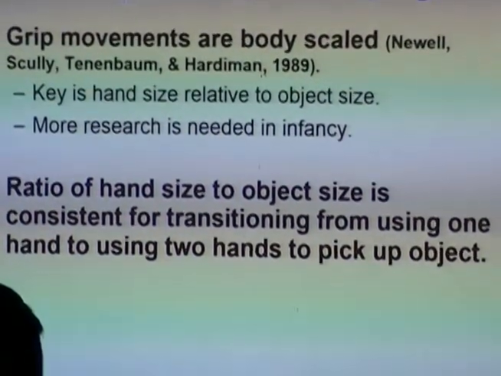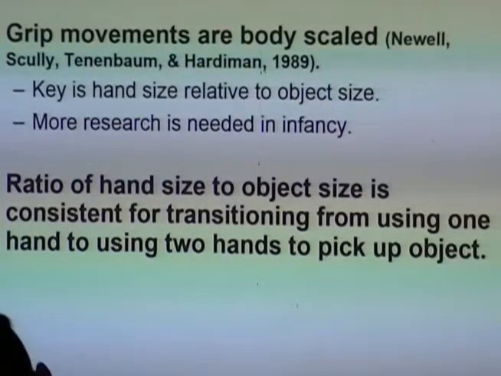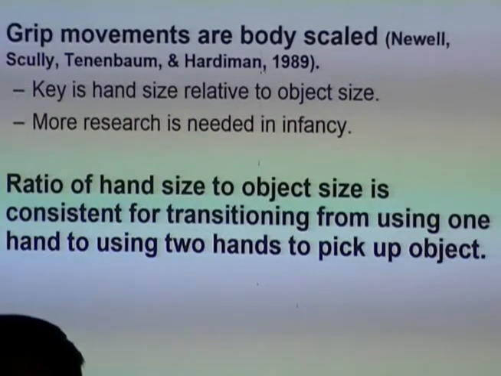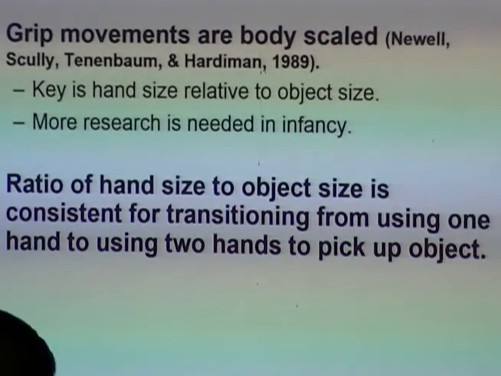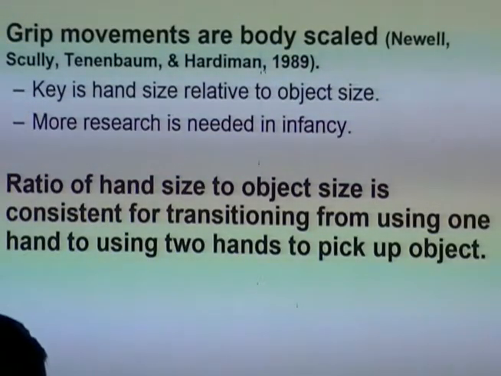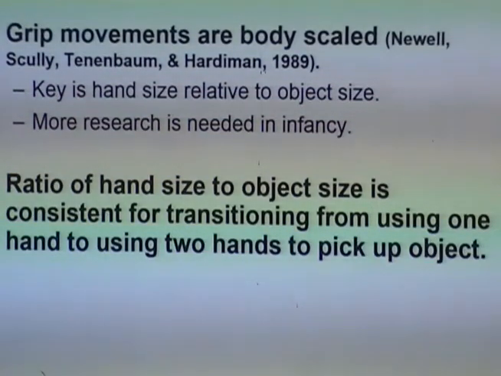Alright, so this concept of body scaling, right? What we see when we grasp is that the movement we make is often body scaled. So if I give an elderly person a large tennis racket that is heavy, they will use 2 hands to swing the racket.